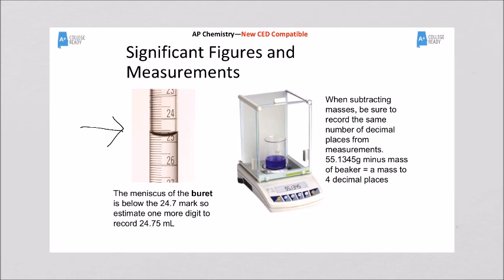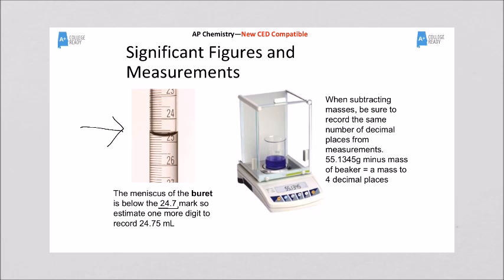So if we look at this really closely, at the bottom of the meniscus, we see it's a little bit past 24.7, and the next mark is 24.8. This tells me I need another estimated digit to correctly say what this exact volume is.